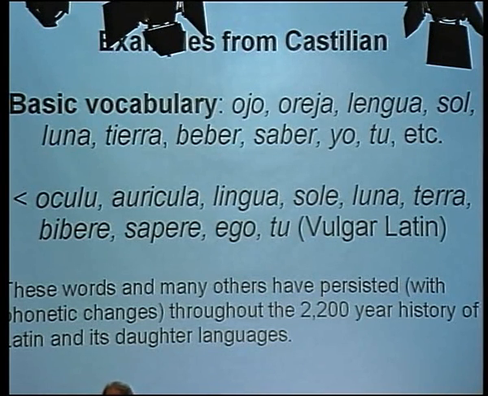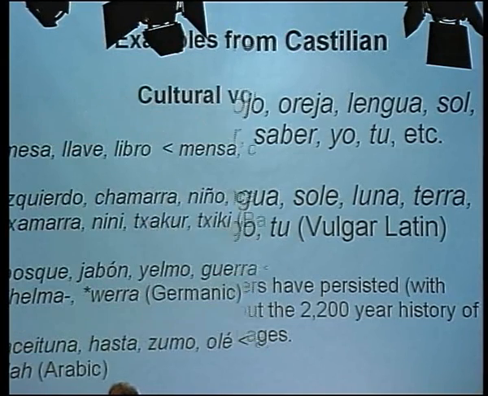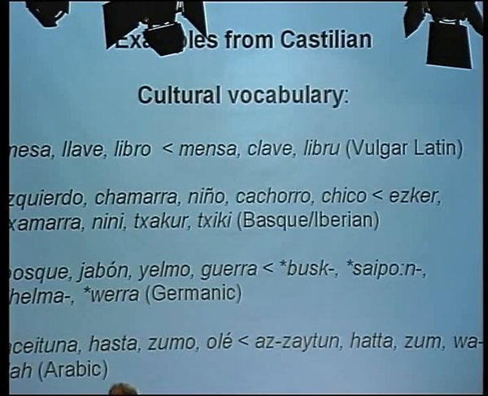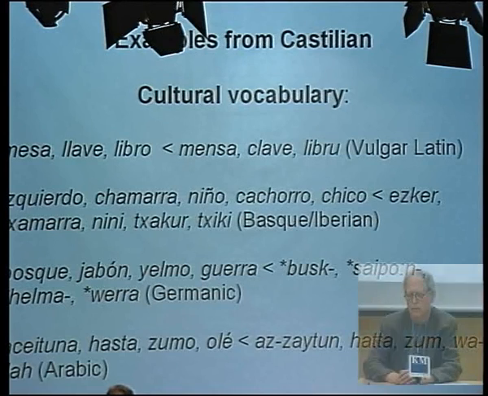Antonio mentioned the Romance languages. There are also elements that do not go back to Vulgar Latin, and most of them, I think, are cultural vocabulary. The cultural vocabulary of Castilian is in several layers.